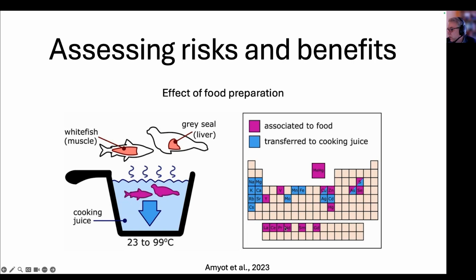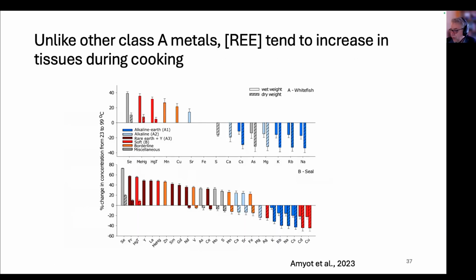And since rare earth elements are considered class A metals, so mostly associated with oxygen complexes and not so much with nitrogen or sulfur complexes, we anticipated that they would move out of the food during cooking. But contrary to our expectation, they behave like class B metals such as mercury.